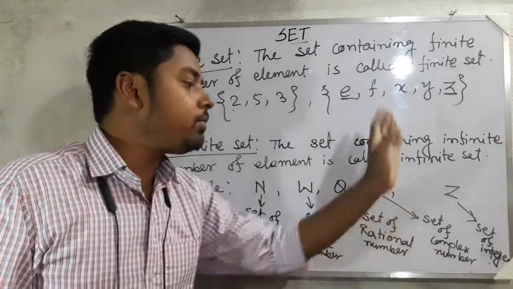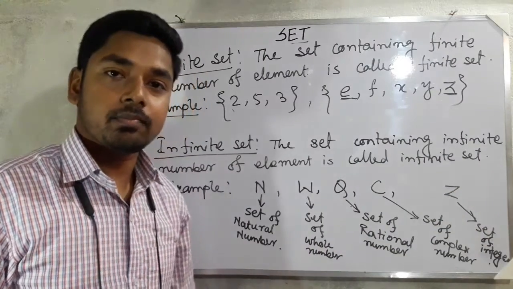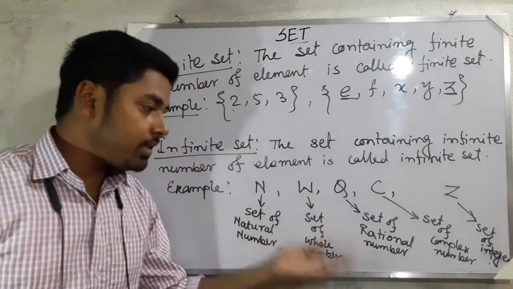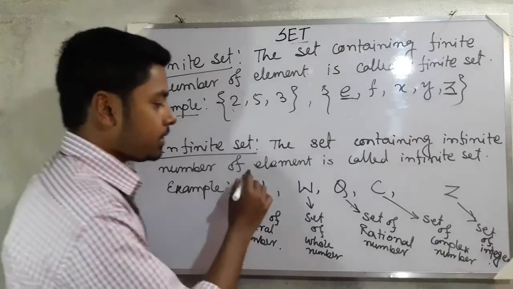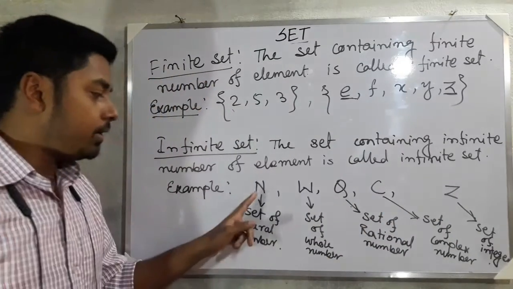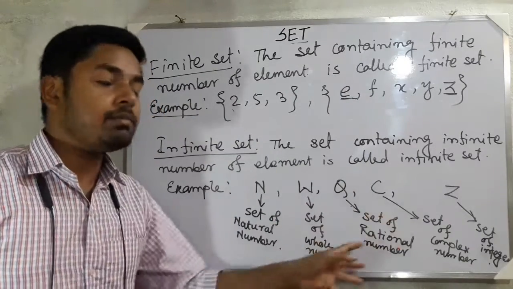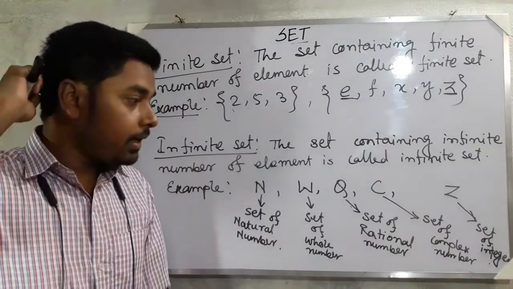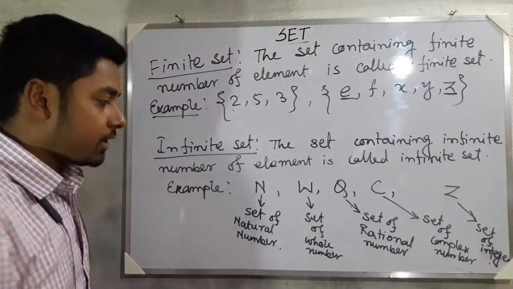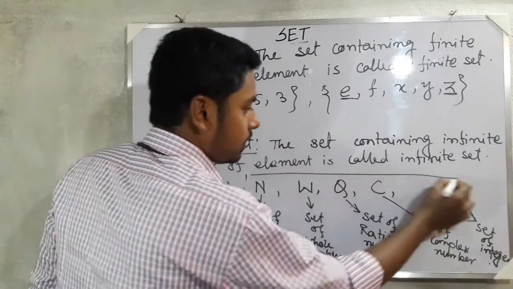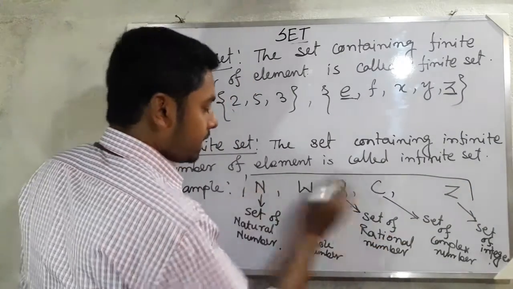And like this we have too many sets. But in this video we will not discuss these terms. I have only given the names, and I will make another video for these terms.